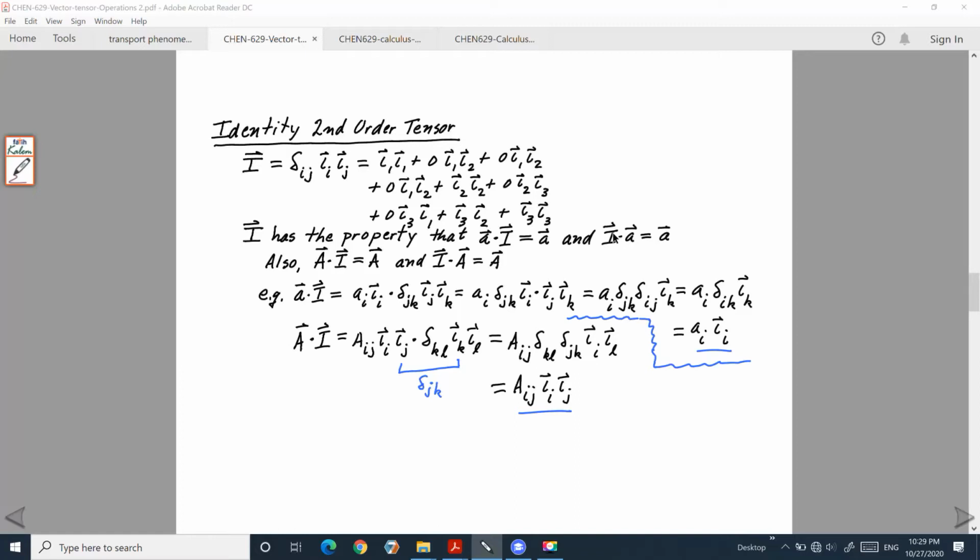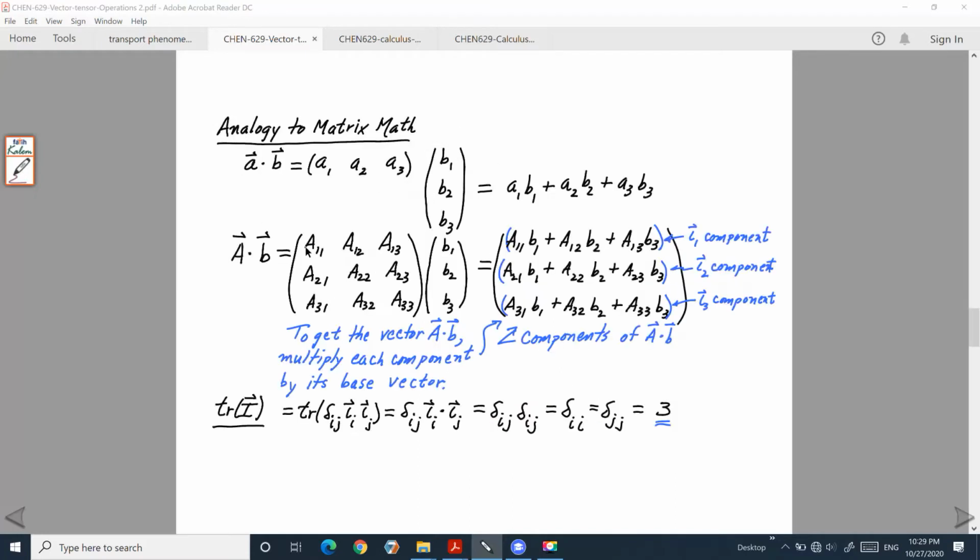This is the same as if you take the dot product between the unit tensor and a vector, it gives the vector itself. Similarly, if I take the dot product between a tensor and the identity tensor, it gives that tensor itself. It is the same thing we can obtain from here.